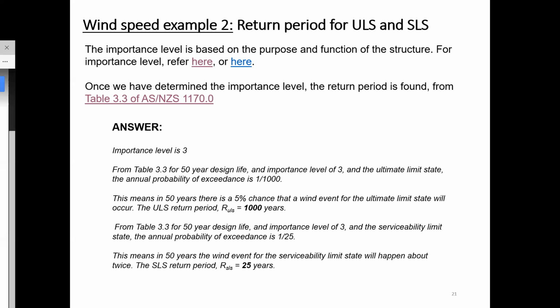Who knows, right? So it doesn't always mean it happens like clockwork. There's nothing definite about this. It just means that from the records, on average, a wind occurs every 1,000 years. It doesn't mean that your 1,000 years is up and you've definitely had a 1,000-year wind. So these probabilities are really approximations, okay?